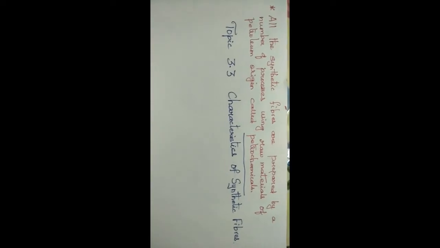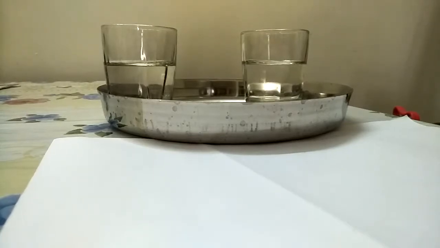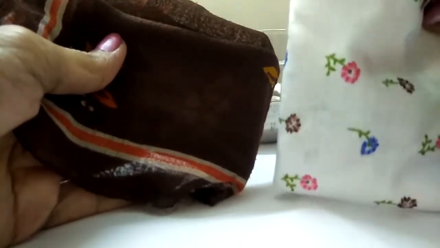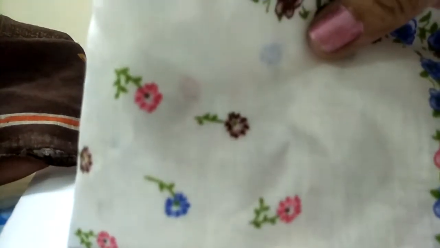Now topic 3.3, characteristics of synthetic fibers. Let's do an activity. You can see 2 glasses containing water of equal quantity, and here 2 pieces of handkerchief. This one is made up of polyester, that is a synthetic fiber, and this is made up of cotton, a natural fiber. We are going to do an interesting activity with these 2 handkerchiefs.